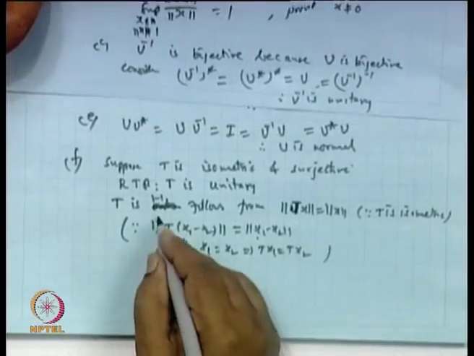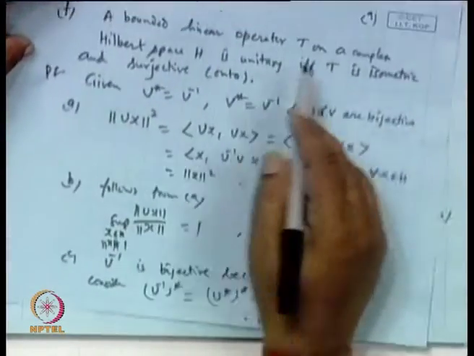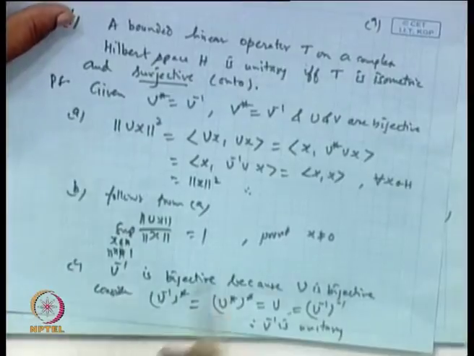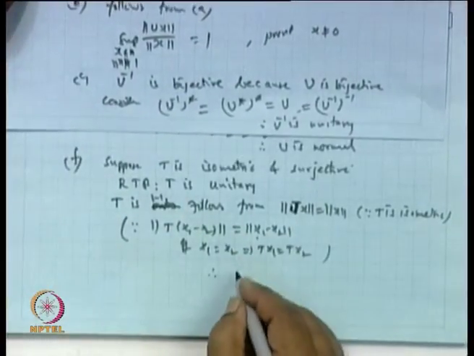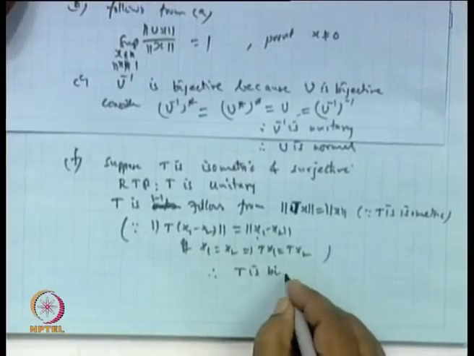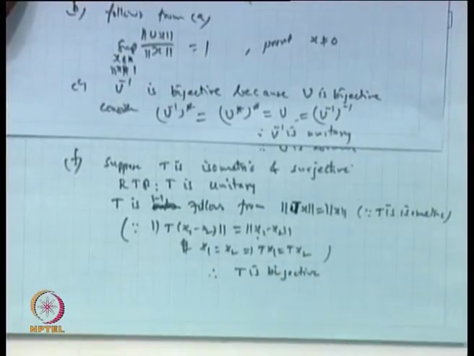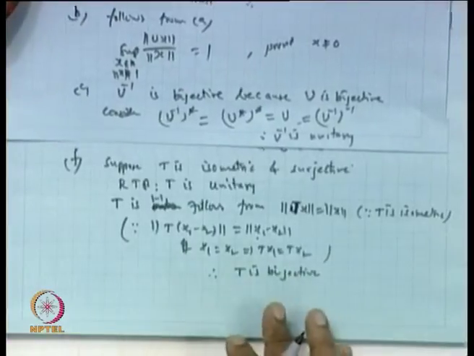So basically T is one-one. T is onto is already given in the problem. It is surjective. So T is surjective, T is injective, therefore T is bijective.